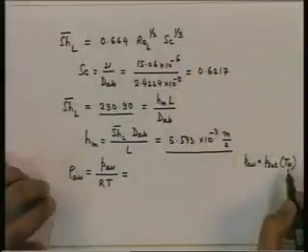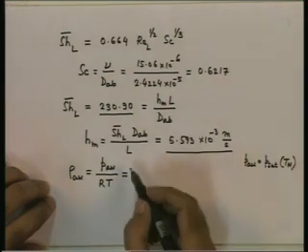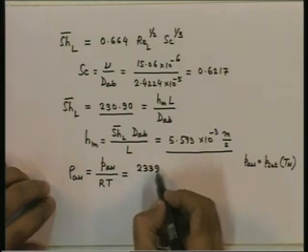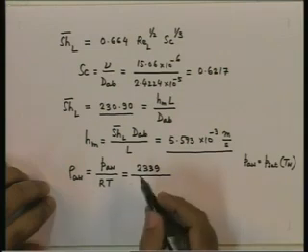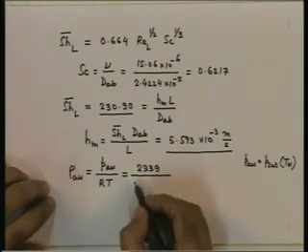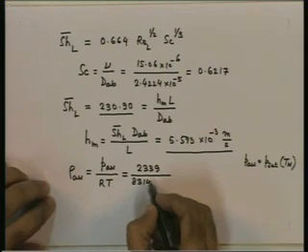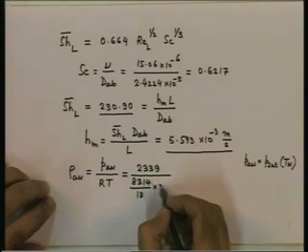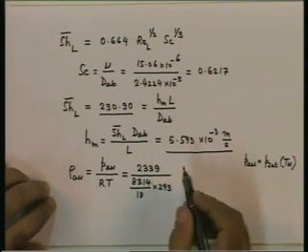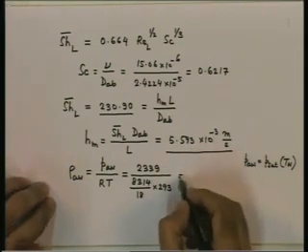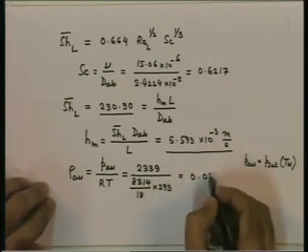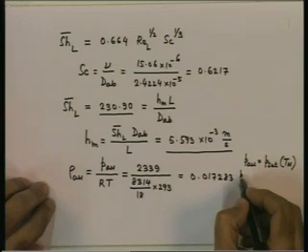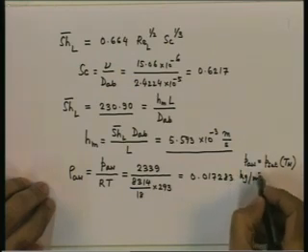TW is 20 degrees C. So, this from steam tables turns out to be 2339 Newton per meter square. This is the gas constant for water vapor, that will be 8314 divided by 18 into 293, and this turns out to be 0.017283 kg per meter cube.